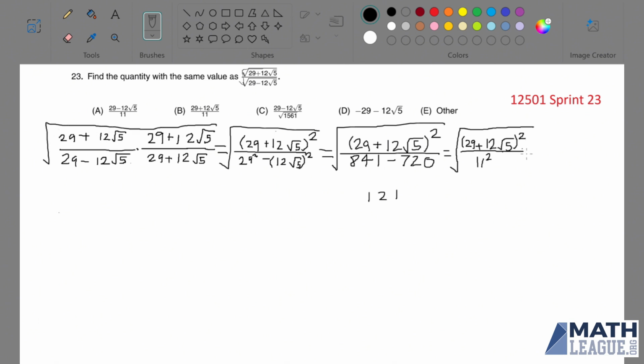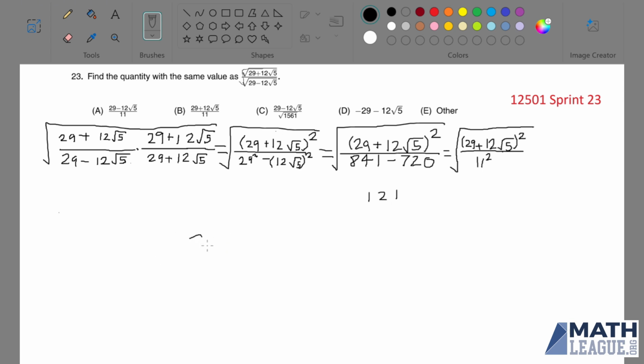And now we're taking the square root of a square divided by a square. And to find the square root, all we have to do is take away the power of 2. The square root of 29 plus 12 root 5 squared is 29 plus 12 root 5. 11 squared, the square root is 11.